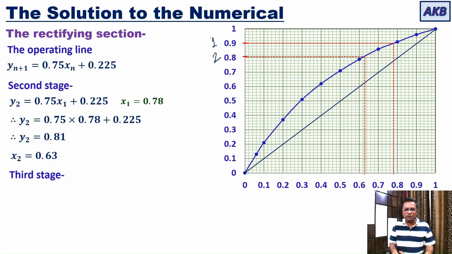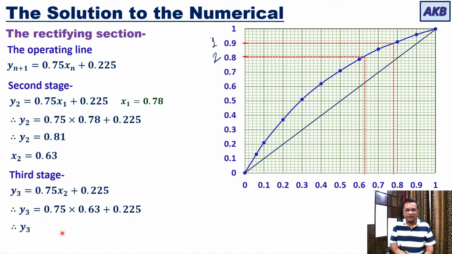Now we will be doing calculations for the third stage. The equation of the operating line, when written for the third stage, will be y3 = 0.75 x2 + 0.225, and x2 we have obtained in the previous step, so we are going to use that value. So y3 will be equal to 0.75 into 0.63 plus 0.225. That gives me y3 as 0.70.